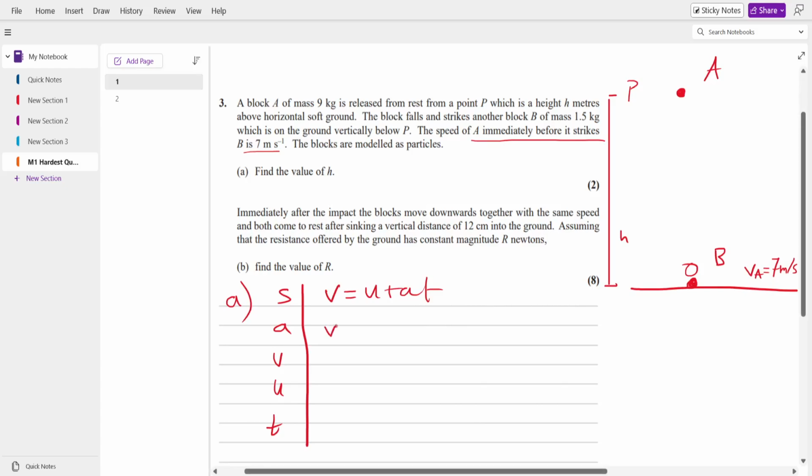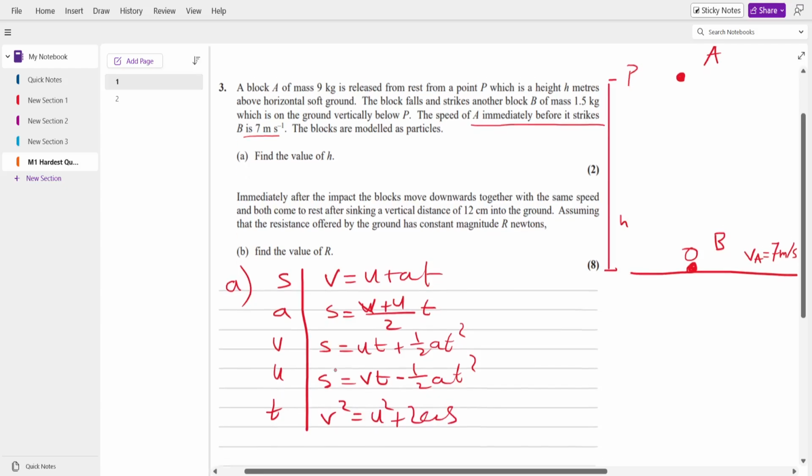Similarly for A, it's S equals V plus U over 2 times time. The equation that doesn't contain V, or final velocity, is S equals ut plus half at squared. The equation that doesn't contain U is S equals vt minus half at squared. And finally, the equation that doesn't contain time is V squared equals U squared plus 2as.